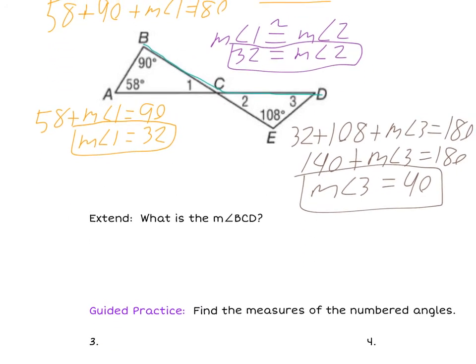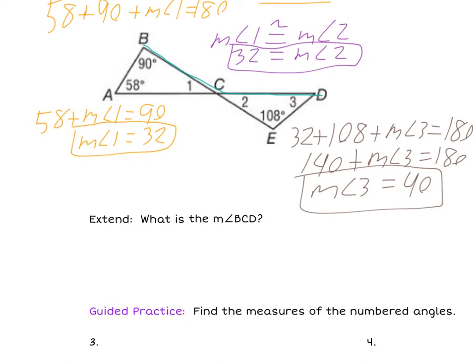So to find what the measure of angle BCD is, all we would do is take 180 and subtract from it the measurement of angle 2, or angle 1. So that's going to be 180 minus 32, also known as 148.